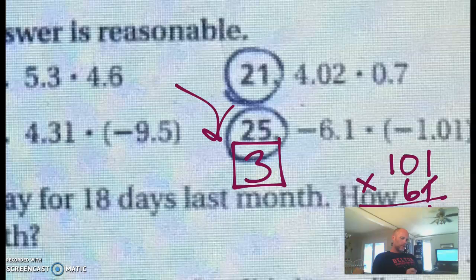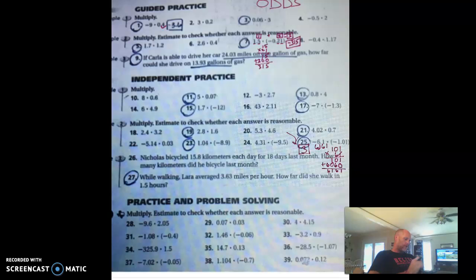And 6 times 1 is 6. Add them up. 1, 6, 1, 6. So it is 6,161. What did I forget? Feed the dog. Feed the dog. 3 times. 1, 2, 3. 6 and 161 thousandths.